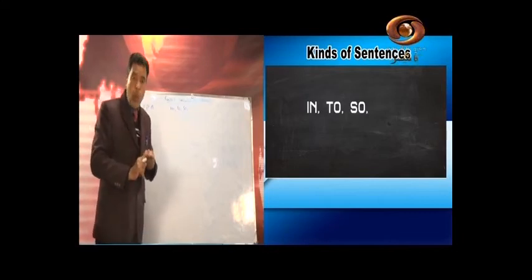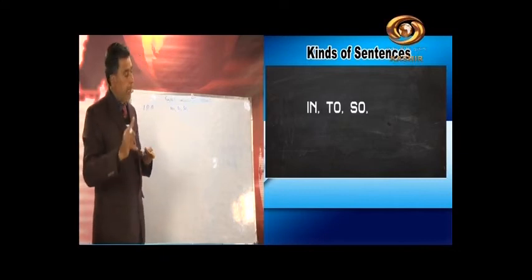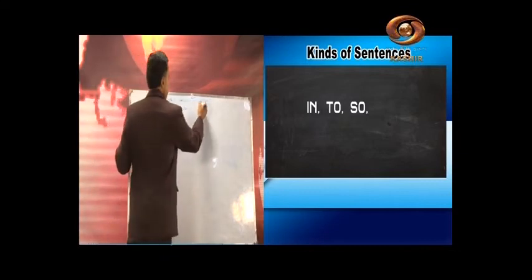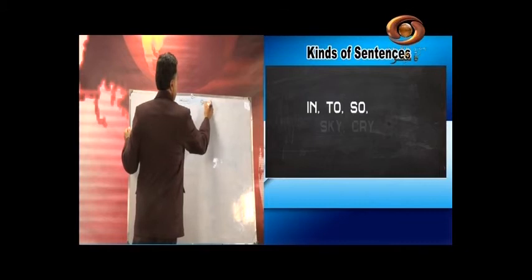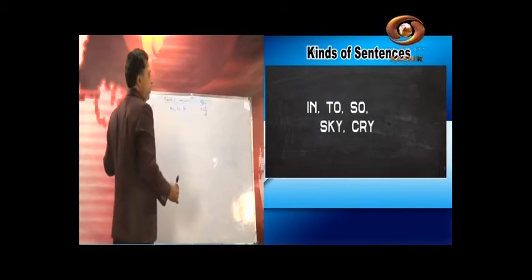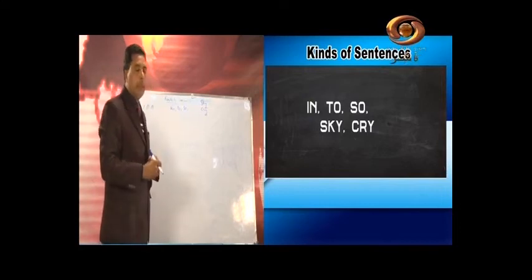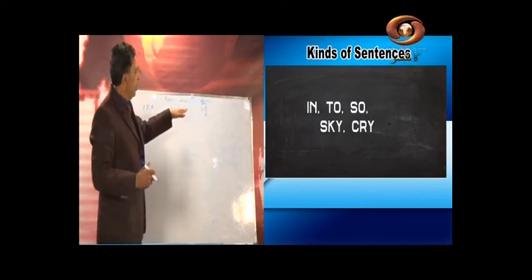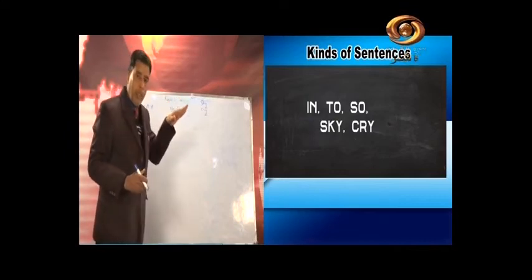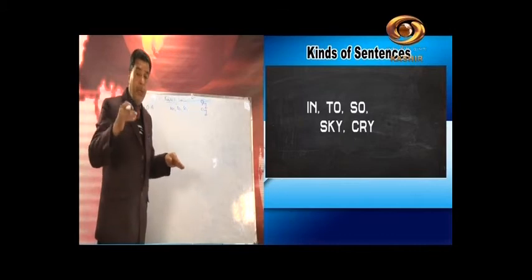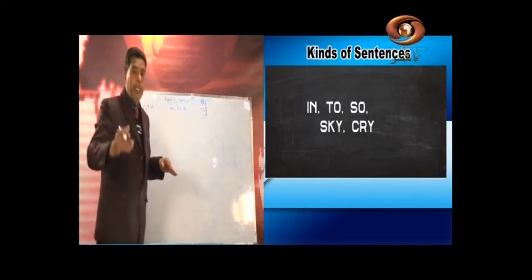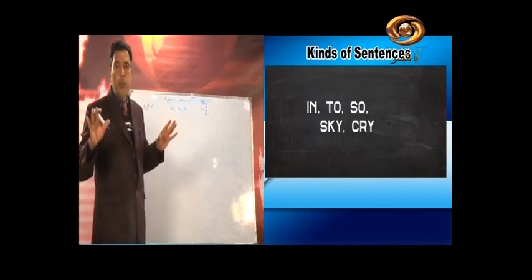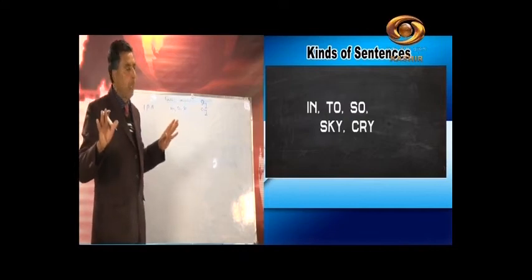If there is no vowel letter in it, there can be a vowel sound. For example, I write here sky. I write here cry. Here you see Y is there. So it gives us a vowel sound. No doubt it is semi-vowel, but you cannot find in English a word or a syllable without a vowel sound or vowel letter.